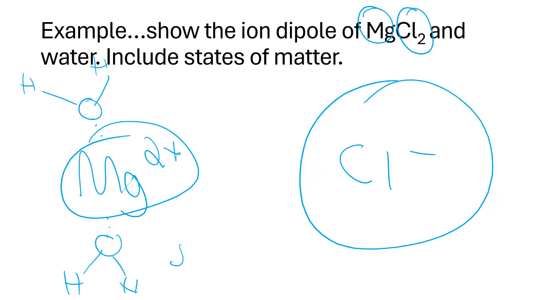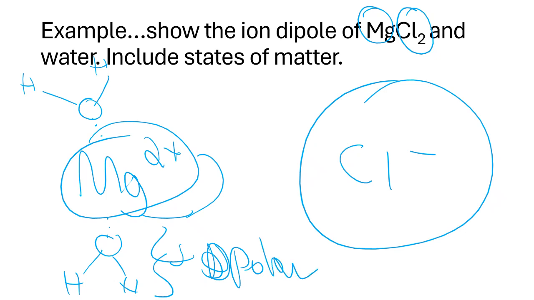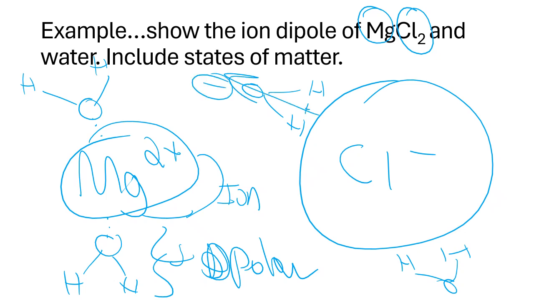This is an ion, and this is a dipole, polar compound. An ion is a charged particle. Compared to this one, the hydrogen is going to be facing the negative charge ion because the hydrogen is positive. Remember, the electrons are being pulled towards the oxygen. Electrons are negative, therefore that positive charge would be facing that.